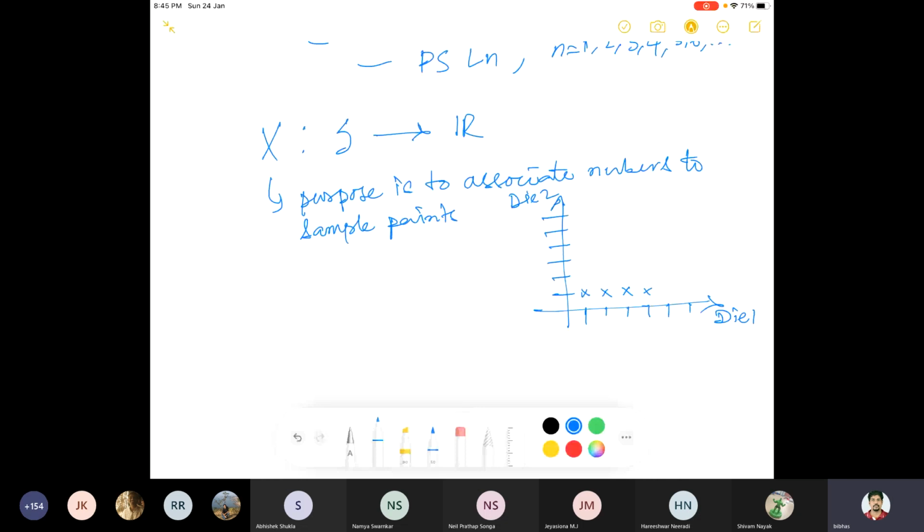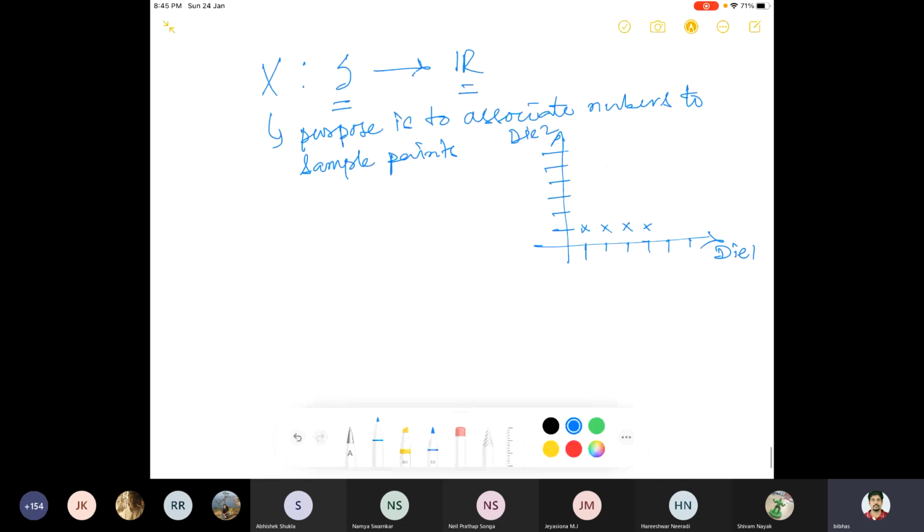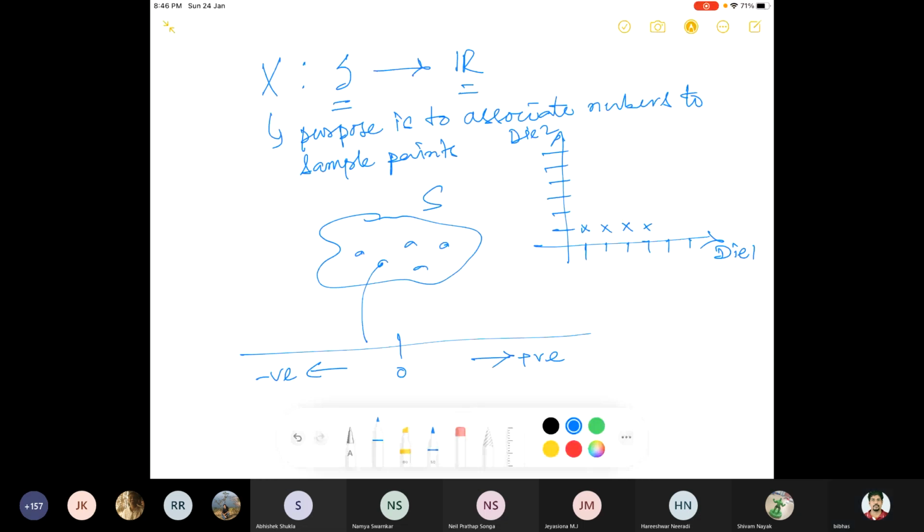A random variable is a function from the sample space to R such that, in the picture we discussed, if this is your sample space S and this is the real line, with 0, positive and negative numbers, then for every outcome in the sample space we associate a number, such that for whatever number x you pick from the real line R, the inverse of x must be an event. That has to be the property of the function.